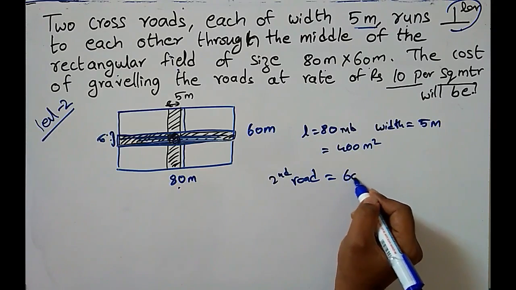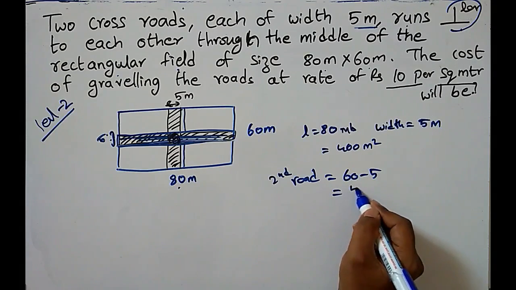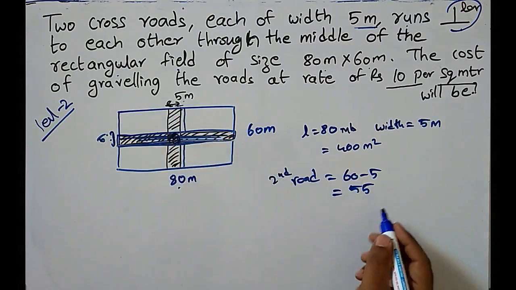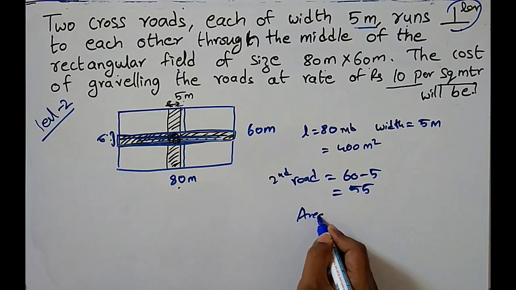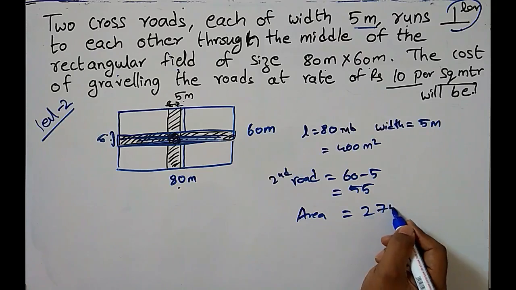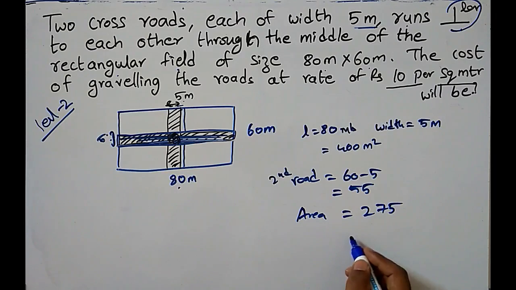So we will take 60 minus 5, that is 55, and the width is 5 meters. So the area of the second road is 55 into 5, that is 275.